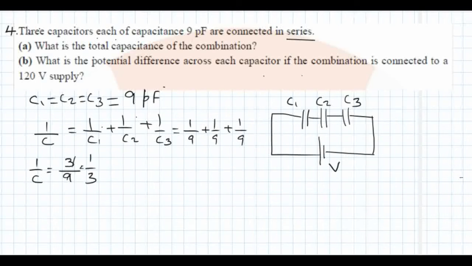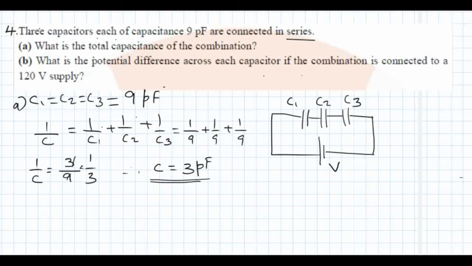That is 1 by C, the reciprocal of the effective capacitance is 1 by 3. Therefore C is equal to 3. So 3 picofarad is the effective capacitance of the combination. That is the A part.